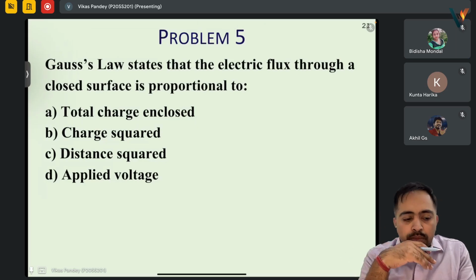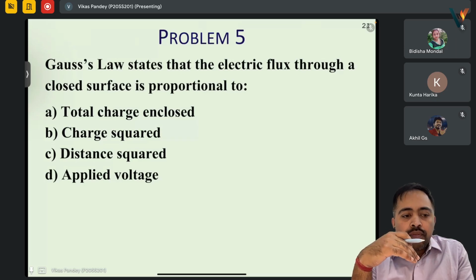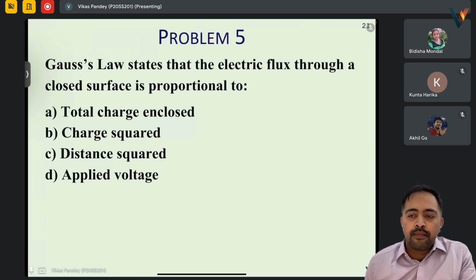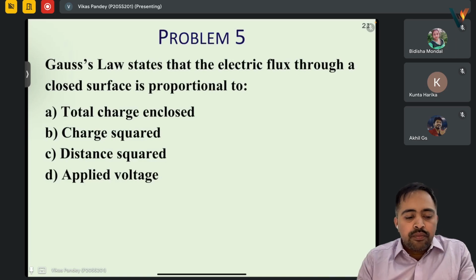What is the symbol for flux? Speak up. How do we represent flux?